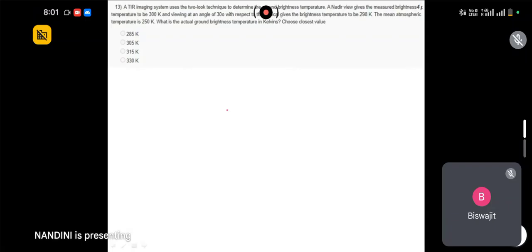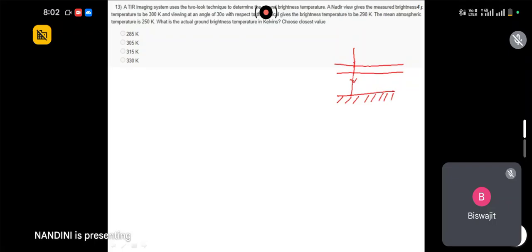A thermal infrared imaging system uses the two-look technique to determine the ground brightness temperature. So what does it mean by the two-look technique? I'll tell you. Suppose this is the surface, and we have the atmosphere over here. The radiation needs to travel through the atmosphere and reach the satellite, so the atmosphere also interacts with the radiation.